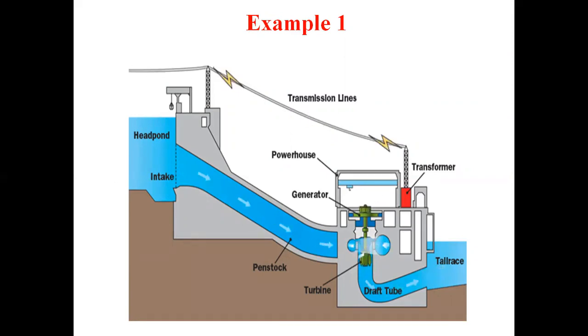Water can produce electricity. Water falls from the dam to the turbine, hence converting potential energy to kinetic energy, and electricity is generated with the help of the turbine and generator and transferred to the field.